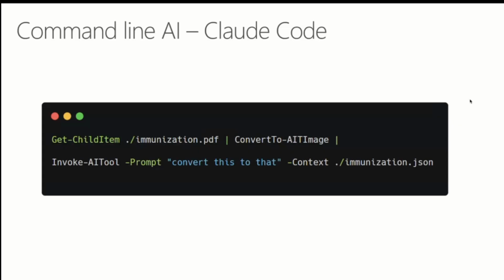But if you sent an image, then it could totally work with it. It turns out you don't even need to do that anymore. So I wrote this command, convert to AIT image, explicitly for this session. And by the time that I was done with it, it turns out I didn't need it anyway. So that is one of the four pivots that I've done in this very session.